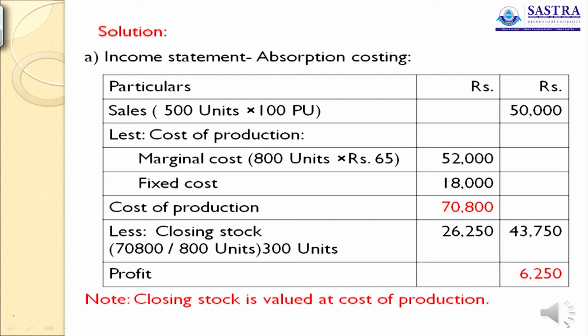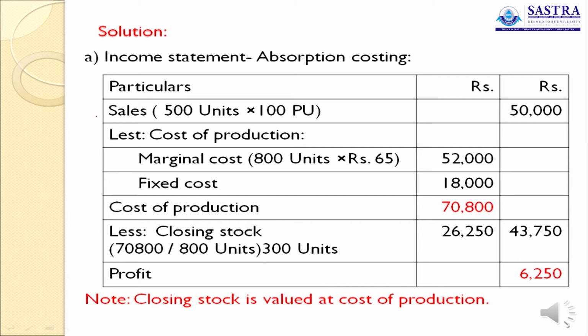So now we prepare the income statement in absorption costing technique. Here you have to provide 3 columns. Column 1 is the particulars column, column 2 is rupees, and column 3 is rupees. This is the inner column and the outer column. Whatever you add or deduct, some figure, should be done in the inner column.